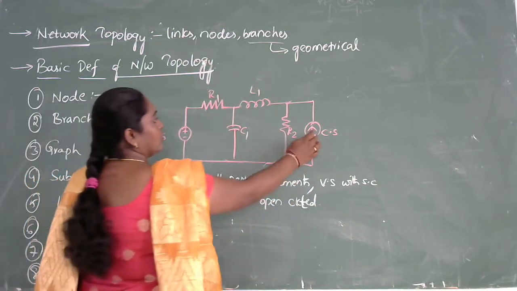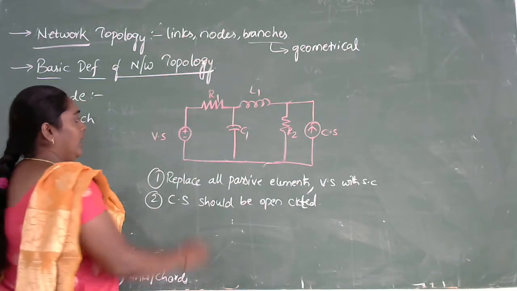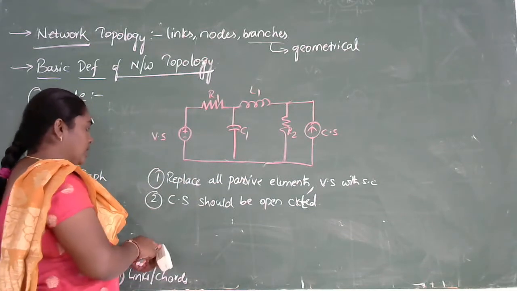So the current source should be open circuited and the voltage source should be short circuited.